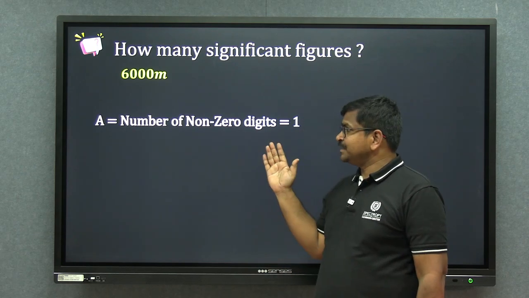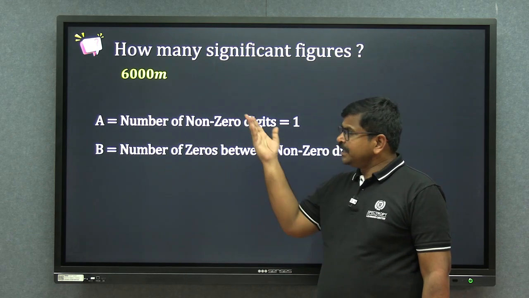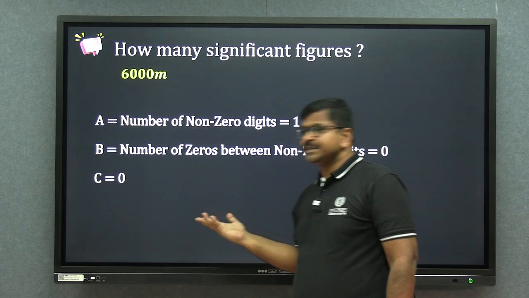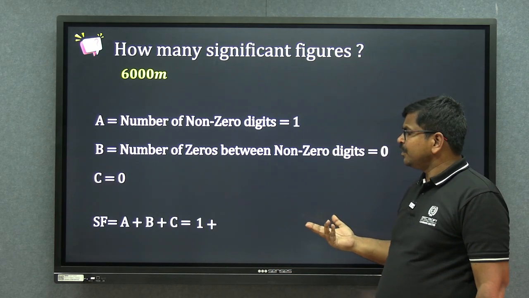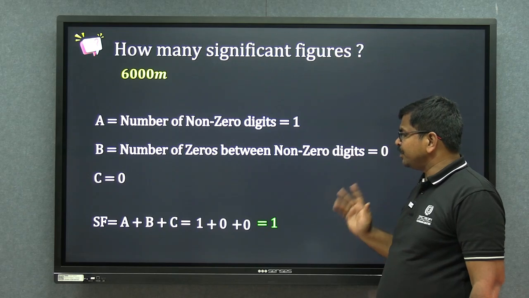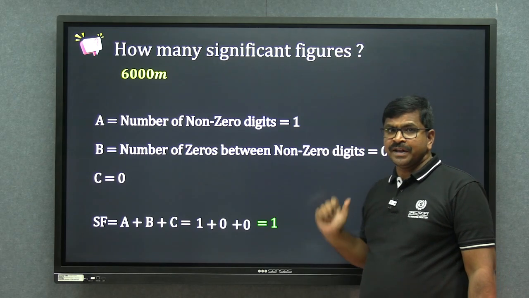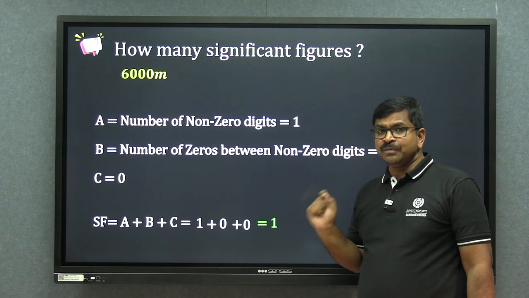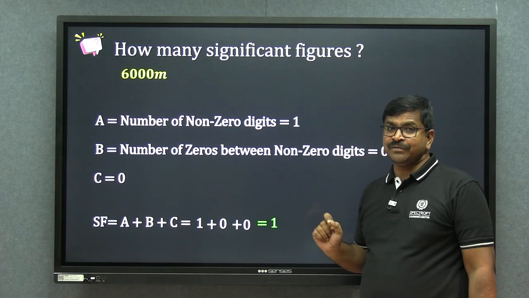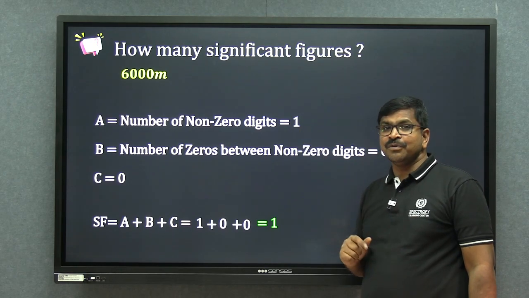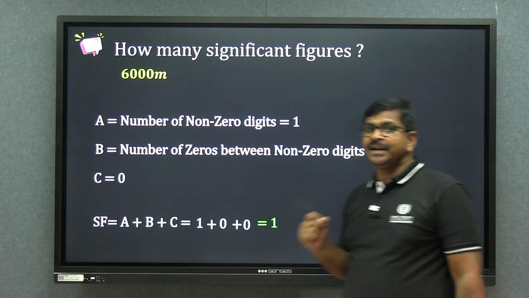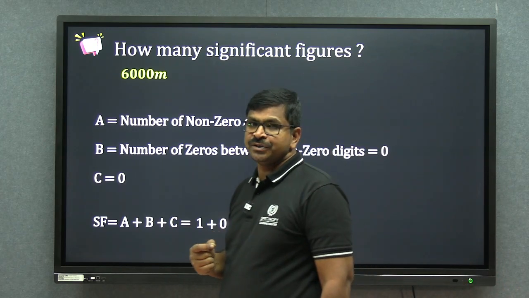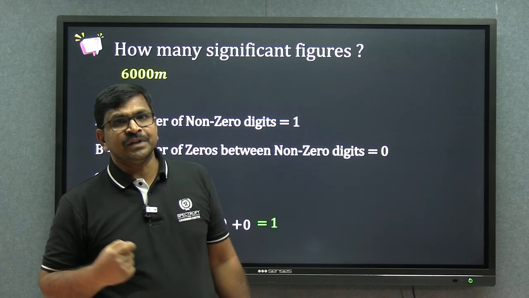So B is 0, and it is not a decimal number, so C is always treated as not applicable, or 0 simply. So significant figures are 1 plus 0 equal to 1. You might be wondering here, 0.5000 is getting 4 significant figures, whereas 6,000 is only 1 significant figure, because significant figures are related to the least count, the resolution of the instrument.